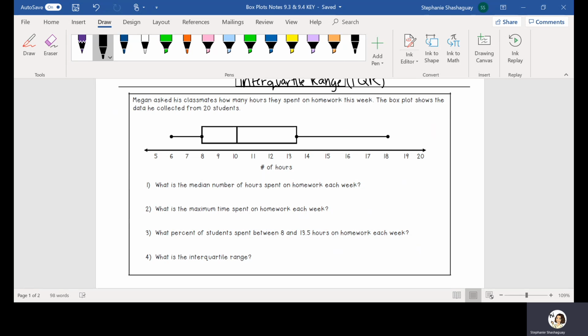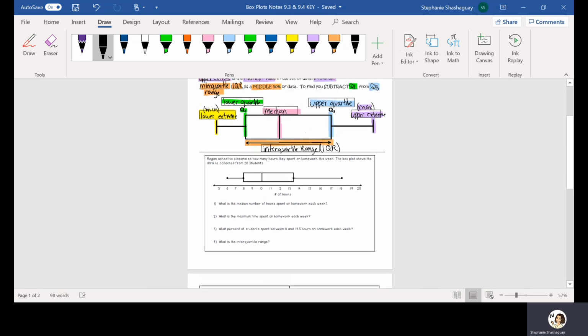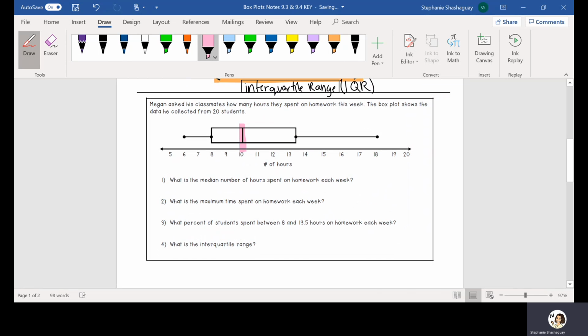Okay, so it says, what is the median number of hours spent on homework each week? So our median is right here. So what is the median number of hours spent on homework each week? Well, that would be 10 hours.